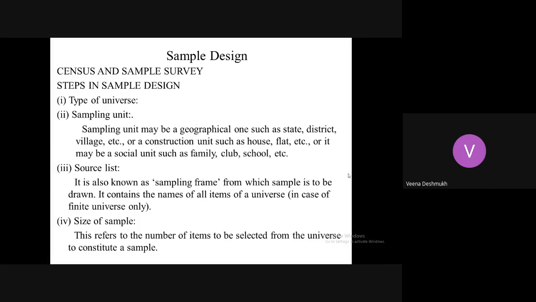Such things should not happen. So there are several steps in sample design. Depending upon our research problem, we should know what the population or the universe is.